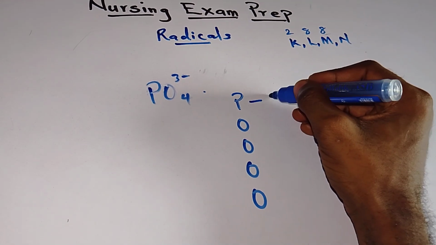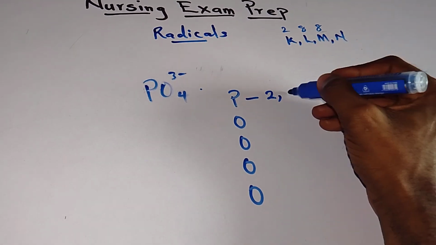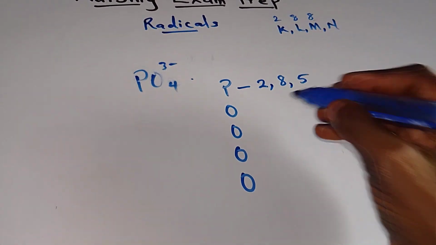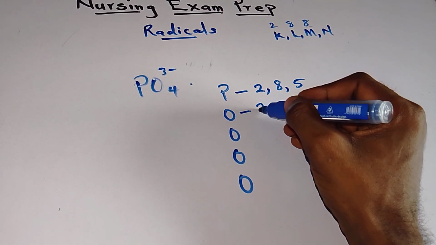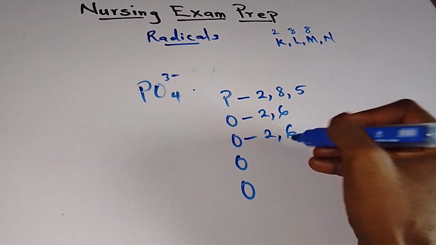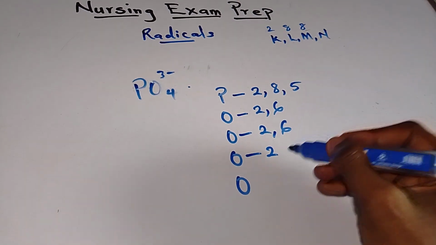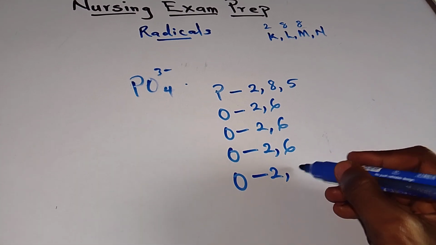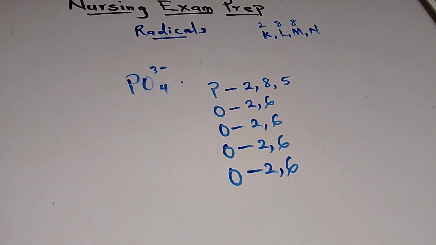So by configuration, we have 2 on the K shell, 8 on the L shell. We'll be left with 5 on the M shell. So as usual, oxygen is 2 on the K shell, 6 on the L shell, for each of the 4 oxygen atoms.